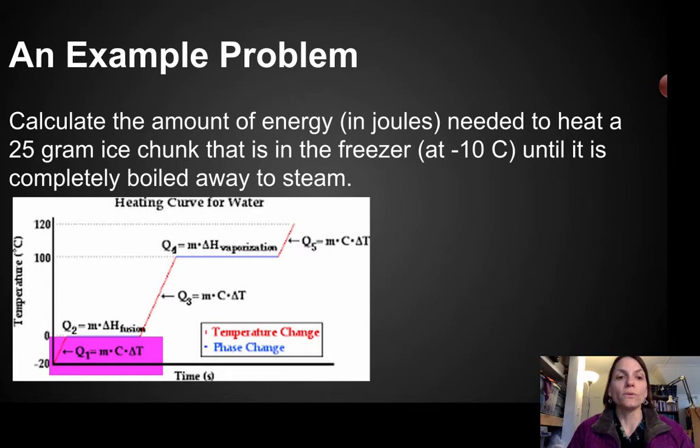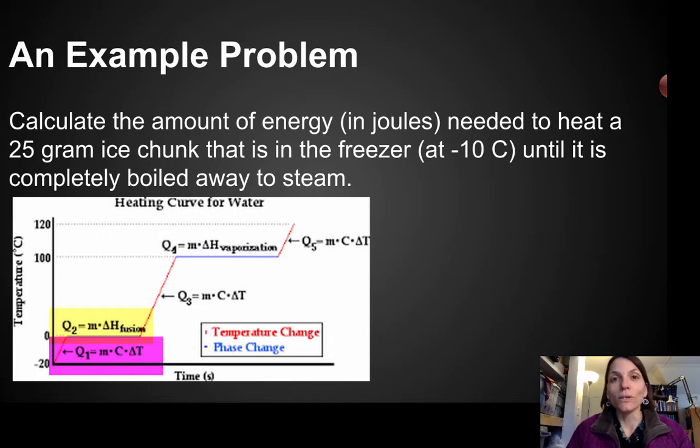So we're going to use Q equals mc delta T for region 1. Then we need to know the number of joules required to melt the ice cube. So we're going to use the second equation, Q2, which is mass times the heat of fusion of ice, to figure out how much energy is required to melt that ice cube.